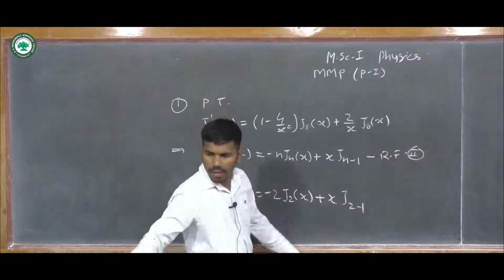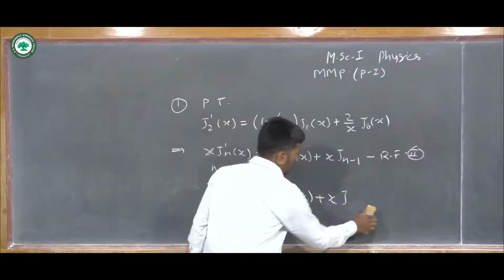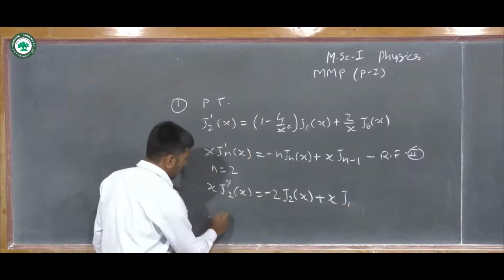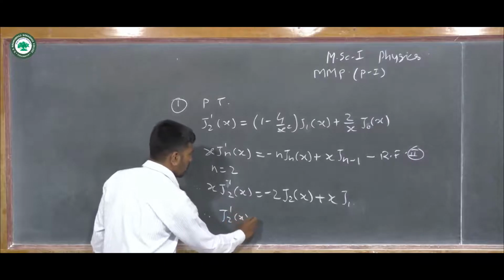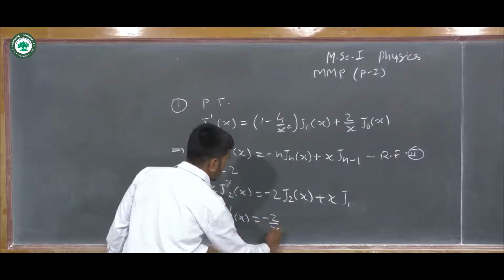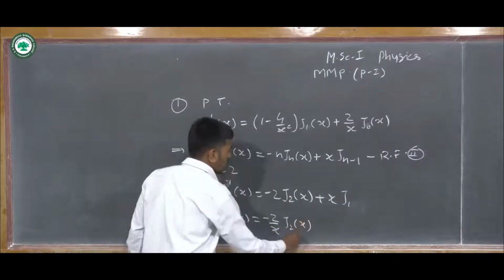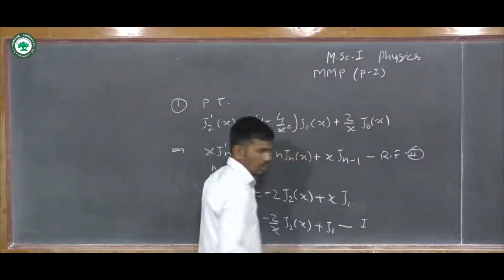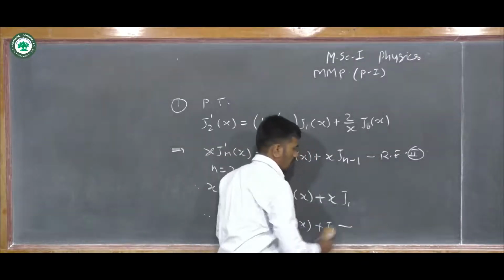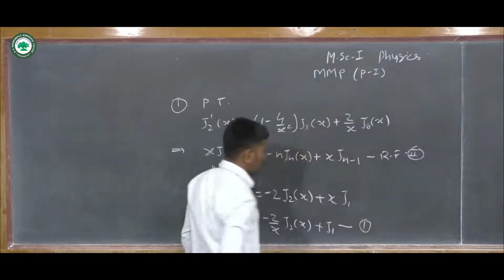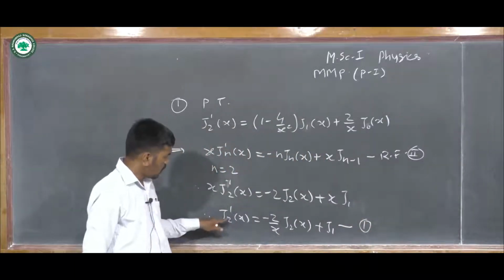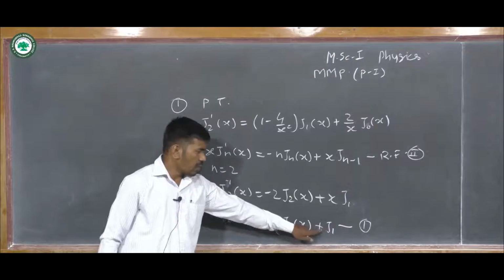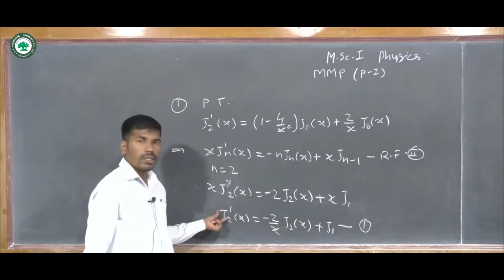So this will be the J1. From this we can find J2 prime x is equal to minus 2 by x into J2 x plus J1. Okay, this is equation number one. So we have now J prime 2 x is equal to minus 2 by x into J2 plus J1. This is the expression for J prime 2.